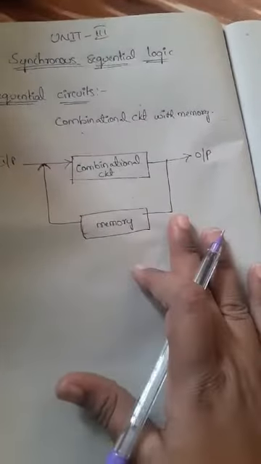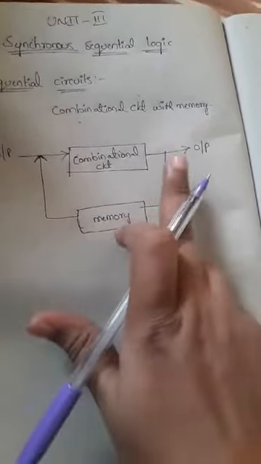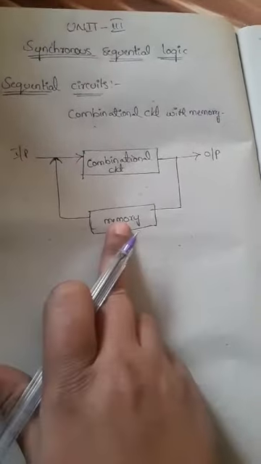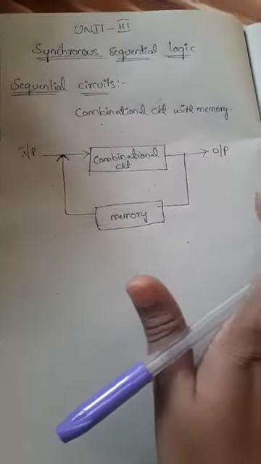So this is the block diagram of the sequential circuit. What is meant by a sequential circuit? It is a circuit whose output depends on the present input as well as past outputs, and it also consists of memory. This is the definition of the sequential circuit.